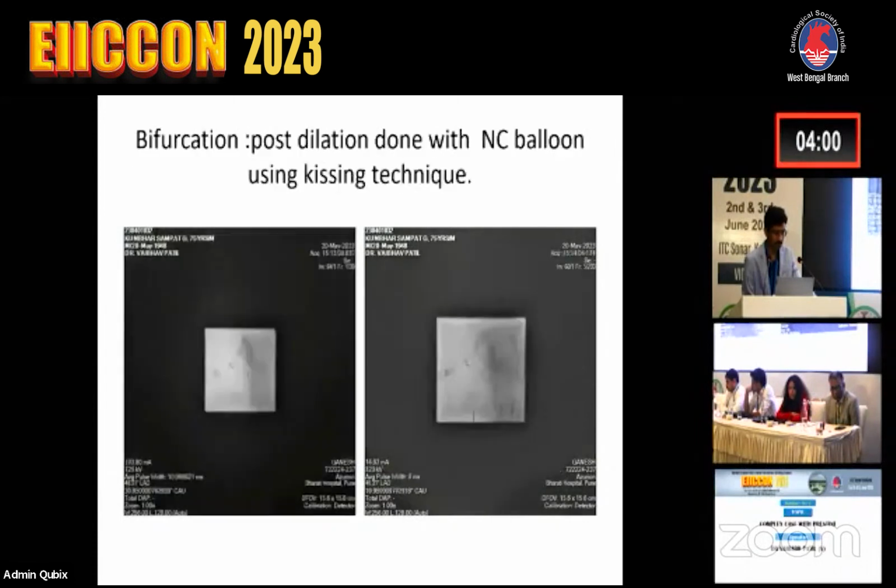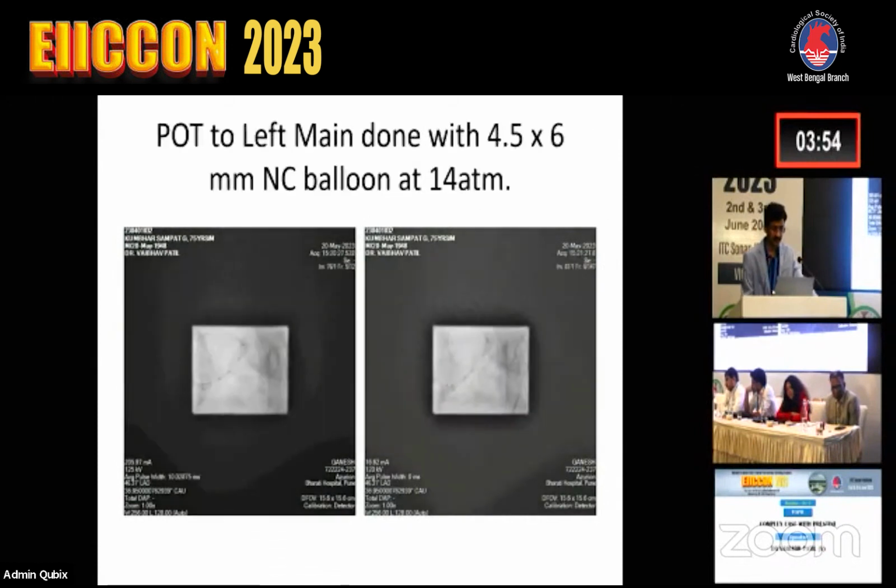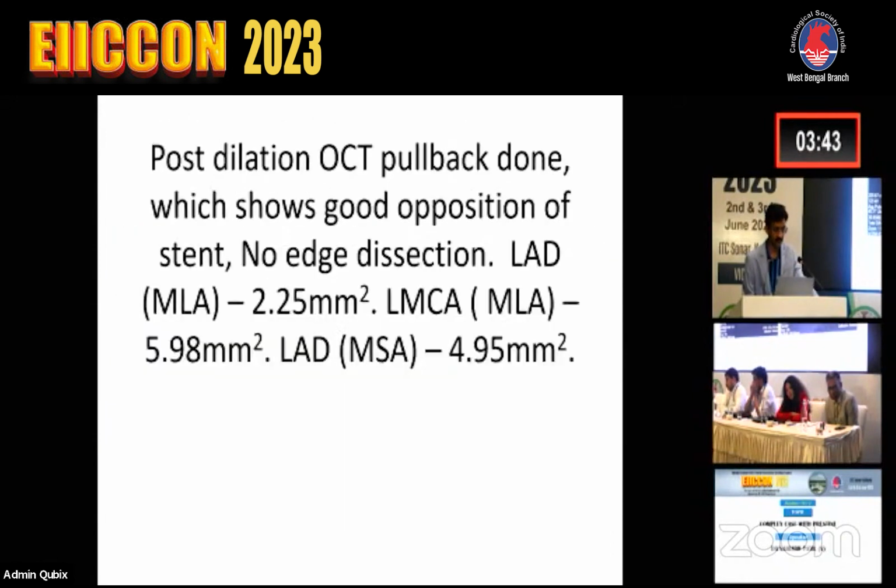So again a 3.5 into 12 kissing balloon was taken, both LAD and LCX, and simultaneous kissing balloon was done for the LAD and LCX. And the POT to the left main was done with a 4.5 into 6 millimeter NC balloon at 14 atmosphere. Pre and post OCT I have taken.